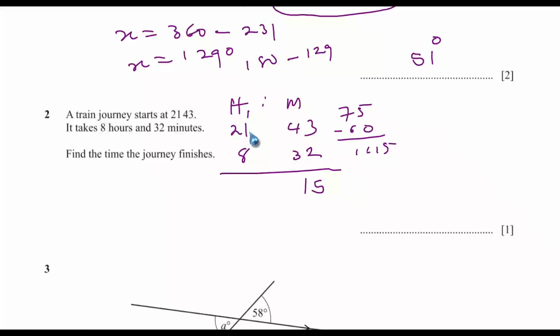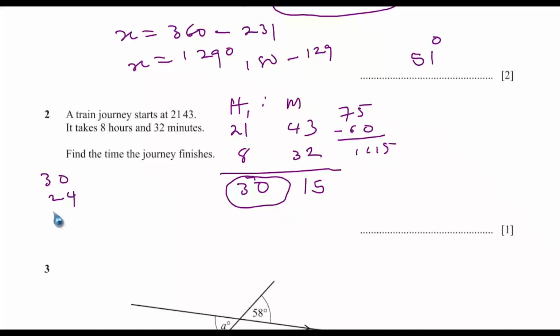So you have 21 add 8, that is 29. 21 plus the one you kept, that is 30. So you have 30 hours. Of course you cannot put down 30 hours here because it's more than a day. So to get the necessary time, you subtract 24 hours from 30.